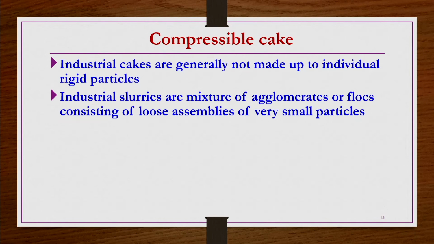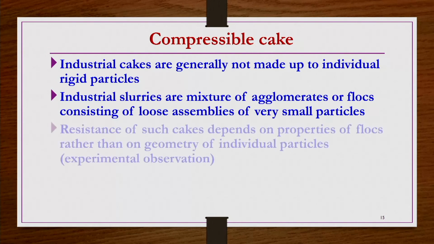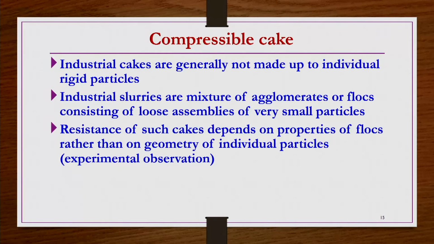Further, industrial slurries are mixtures of agglomerates or flocs consisting of loose assemblies of very small particles, and the resistance of such cakes depends on properties of flocs rather than geometry of individual particles, as observed in many experimental results.